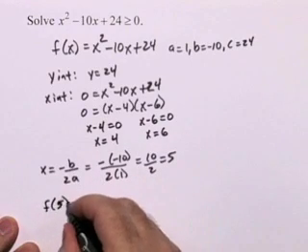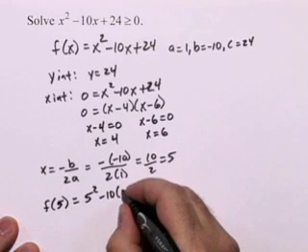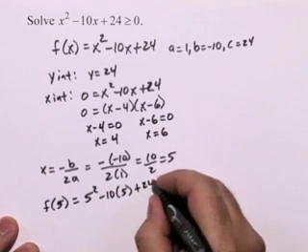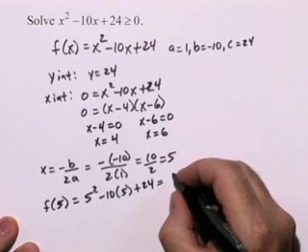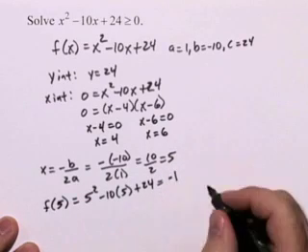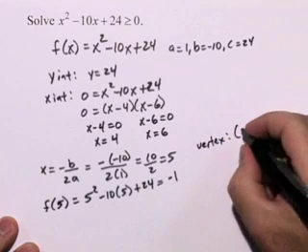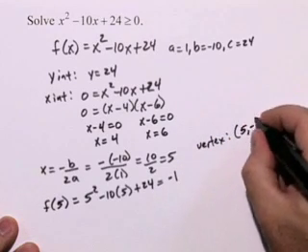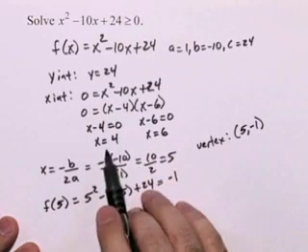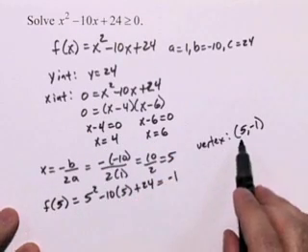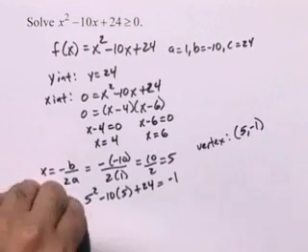So we'll find f of 5. We'll get 5 squared minus 10 times 5 plus 24. And if we evaluate that, we'll get that f of 5 is equal to negative 1. So our vertex is the point 5, negative 1. So we have a y-intercept of 24, x-intercepts at 4 and 6, and a vertex at 5, negative 1.